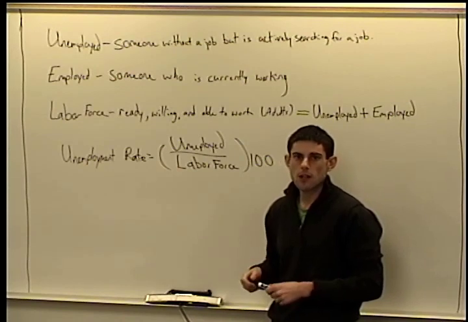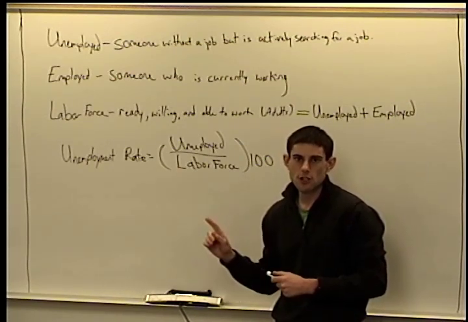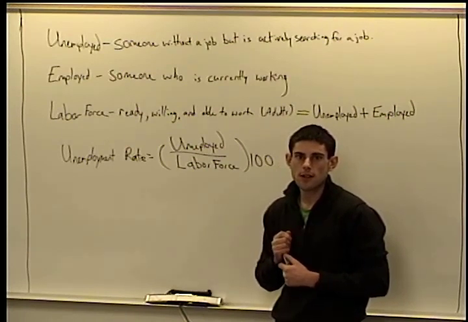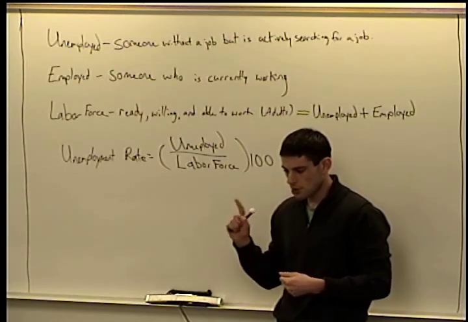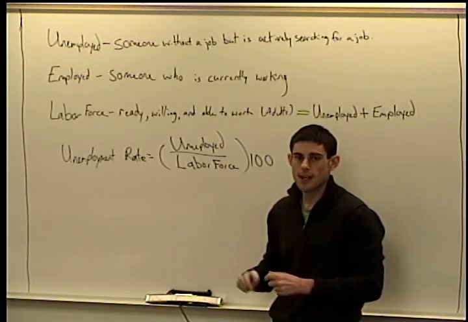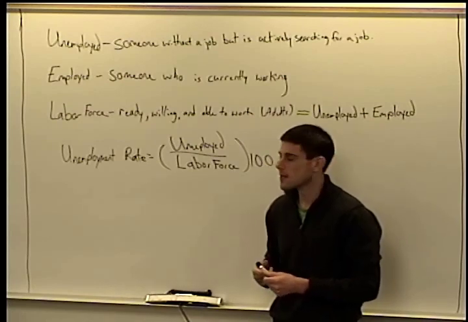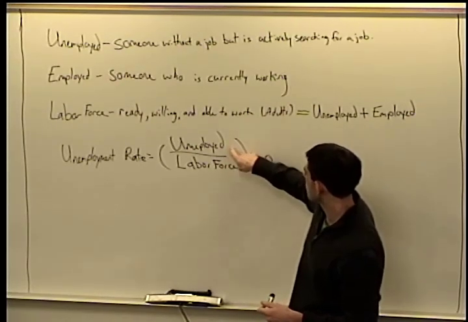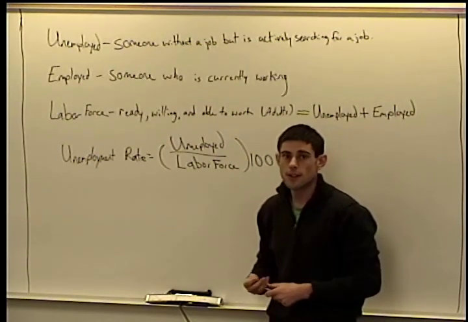In another economy, we have 10 million people, one of which wants to find a job but can't find one. One economy has one person living in it, and that person can't find a job, so their unemployment rate would be considered 100%. The one person in the labor force is unemployed, so 1 divided by 1 times 100 is 100%.